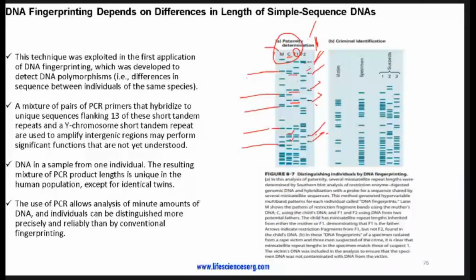And in criminal identification, there is another case, for example, this is the victim. We take the DNA of the victim, and to prove which one is the suspect, we also take the DNA of suspects 1, 2, and 3.